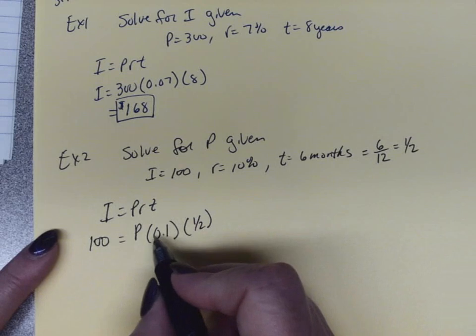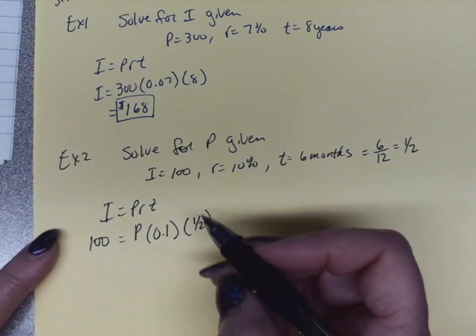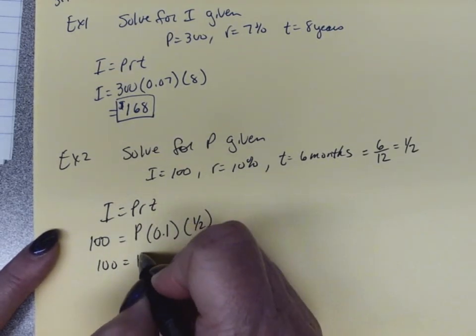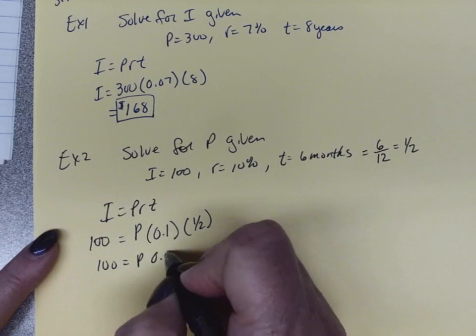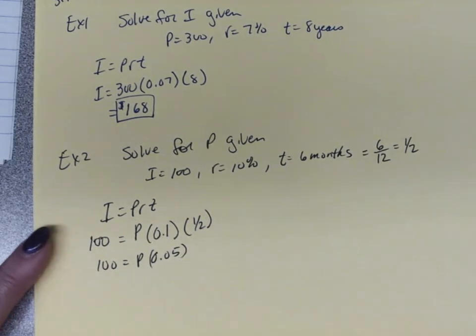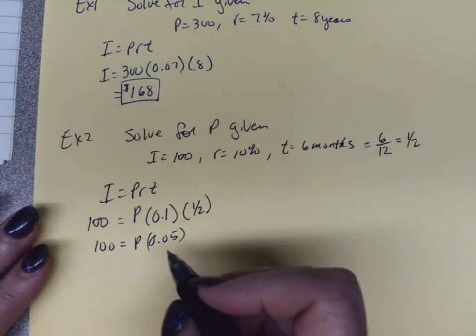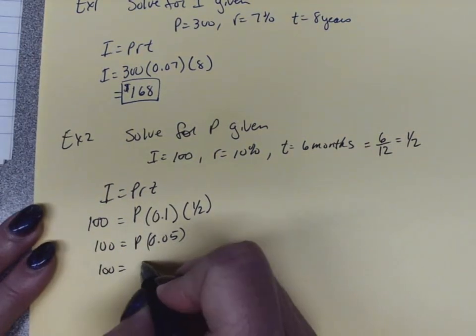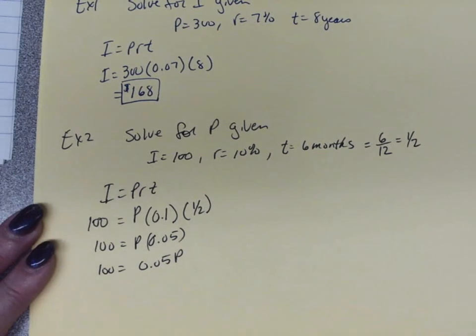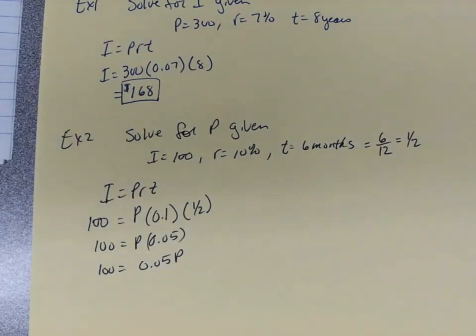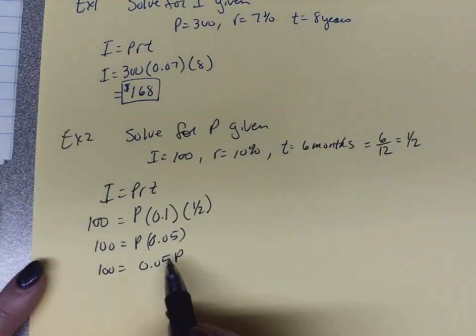So I'm going to multiply 1/2 times 0.1 in my calculator and get 0.05. Now what I want to do is put the 0.05 in front of the P to make it a little bit more what we're used to seeing. So 0.05P, just like we're used to seeing 2x or 3x. I'm going to put the number in front.